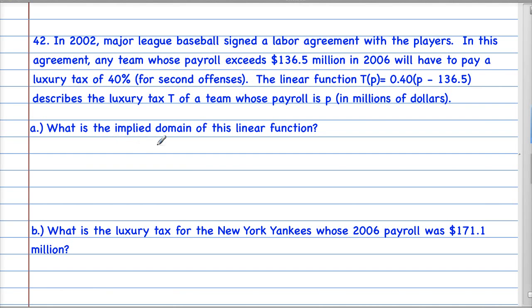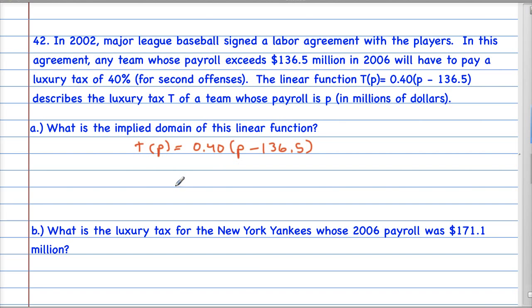Okay, the implied domain here, looking at this function, I have T of P equals 0.40 times P minus 136.5, okay? And the luxury tax is only on any team whose payroll exceeds $136.5 million. So if a team has a payroll of 136 million instead of 136.5 million, then they don't have to pay any luxury tax.